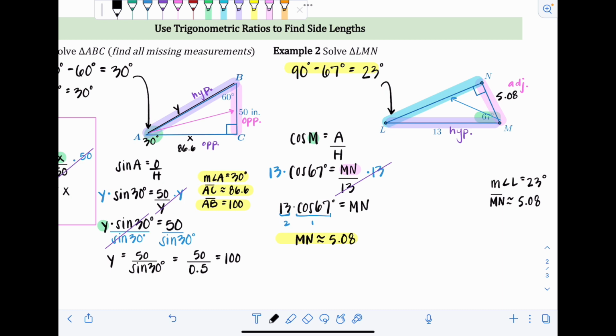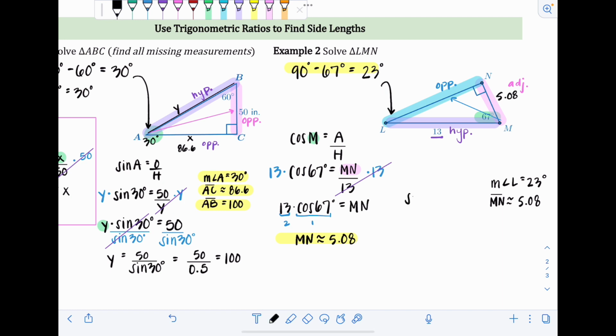It doesn't really matter which known side we pick. However, I would recommend picking the hypotenuse, even though we also know the adjacent side, because the hypotenuse is 13 and it's exact. So I'm going to say I know the hypotenuse and I'm trying to find the opposite side. I would pick the trig function that combines hypotenuse with opposite, which is sine.